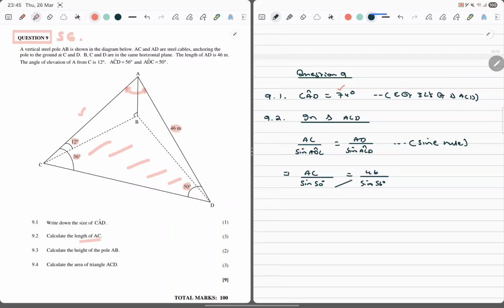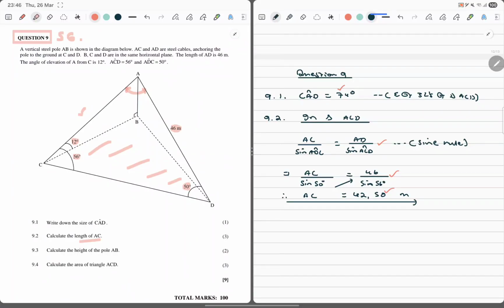Cross multiplying, AC is 46 times sine 50 divided by sine 56. This gives us 42.50 meters to 2 decimal places. Remember the general instruction told us so. We get a mark for this.